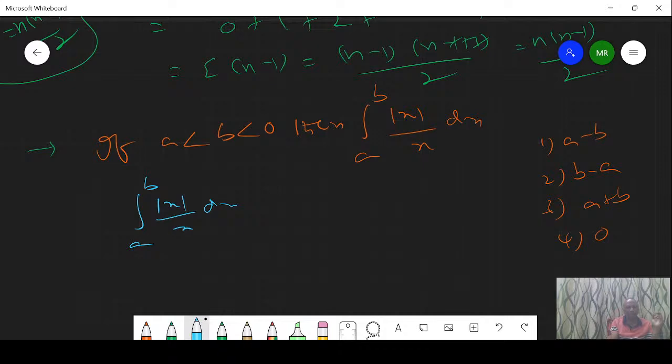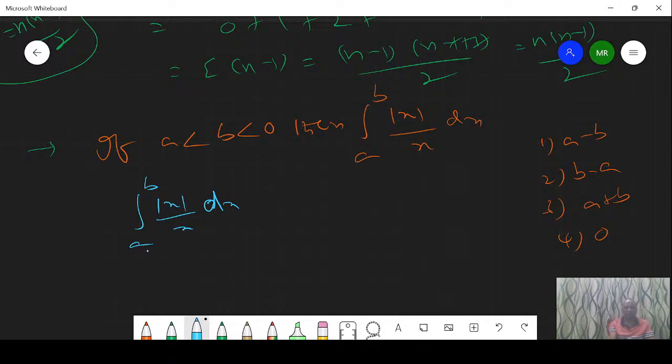Since a and b are negative, between a negative lower limit and upper limit, mod x will become only minus x. It comes minus x into the problem, you can write. That is also simple.